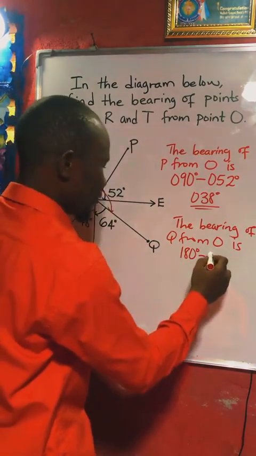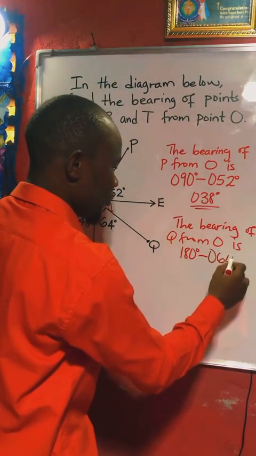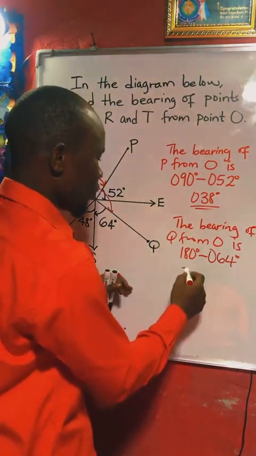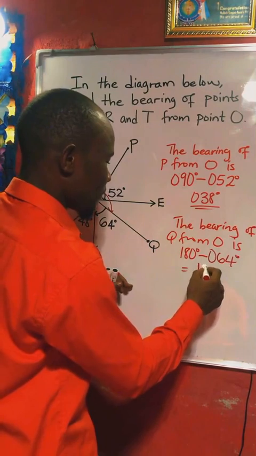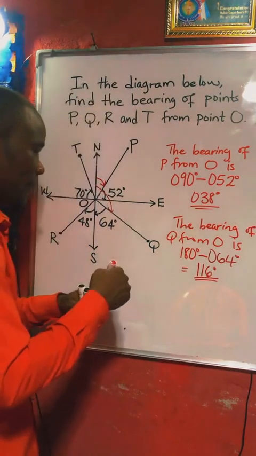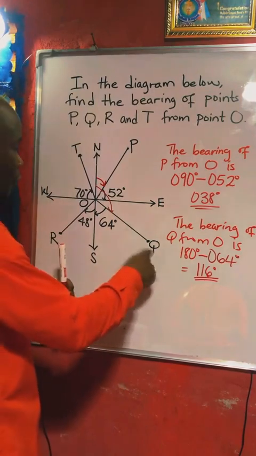So we say 180 minus 64 degrees. When you subtract 64 from 180, you will have 116 degrees. 116 degrees will be the bearing of Q from O.